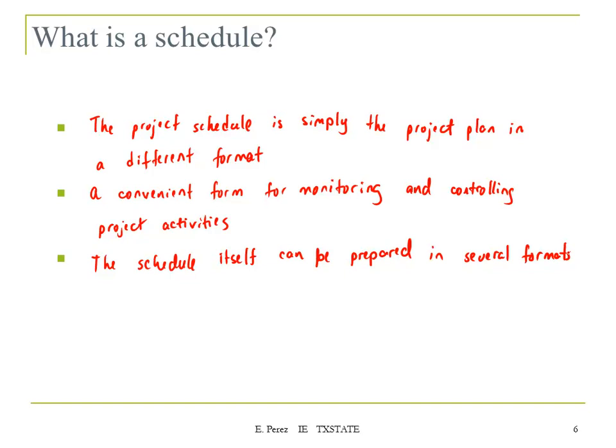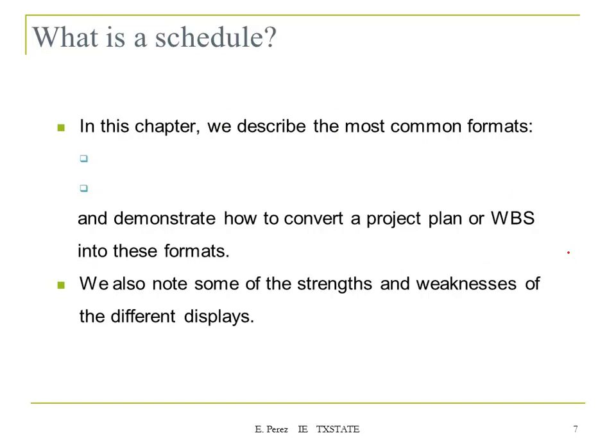I think I'm getting ahead here. Yes. So in this chapter, we describe the most common formats. Again, we talked about Gantt charts already. Those are the ones that you see on Microsoft Project.